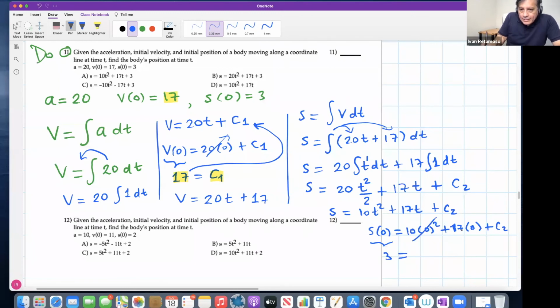Good news here, this is 0, this is 0, so C2 equals 3. Again, do you see the pattern there, guys? This number 3 ends up being the constant, right? Very common in physics. All right, so then quickly you put this into your position function, and what you gain is that now you have your position function completely determined.